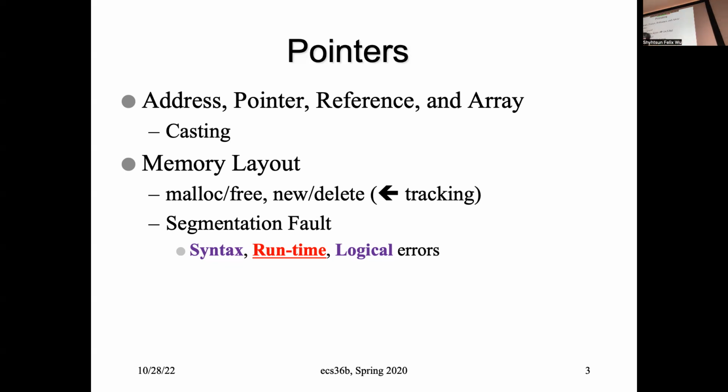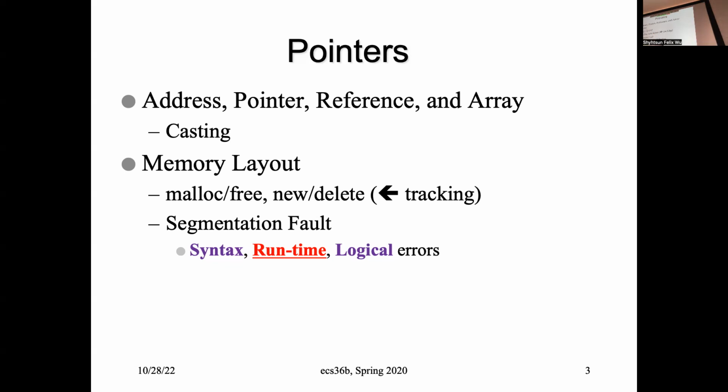Let me briefly use homework 1 to show the difference among the three. If your program cannot compile when you type make, and it gives you syntax errors, meaning you forgot a semicolon, a bracket, or a double quote, so the compiler cannot produce the executable, that's a syntax error.